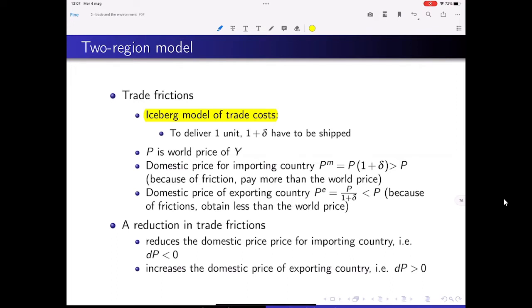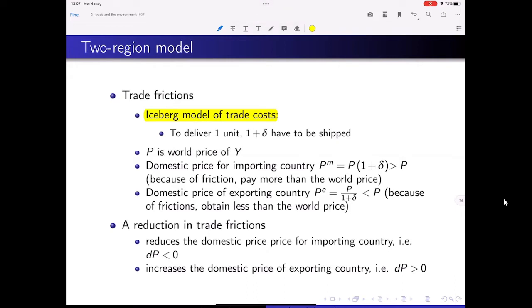Over time the iceberg melts, or ice melts, and therefore to deliver one unit, you have to ship 1 plus delta units. This is here how trade frictions are modeled. So this is the iceberg model of trade costs.